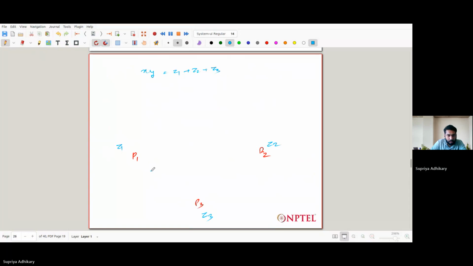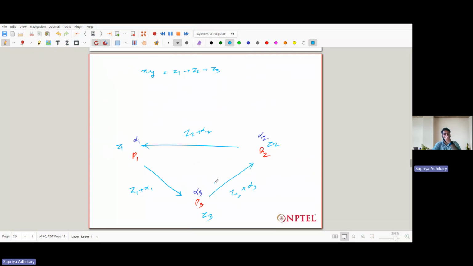So P1 can send z1 plus alpha 1 to P3, given that they have this preprocessed data alpha 1, alpha 2, and alpha 3 with them. P3 can send z3 plus alpha 3, and P2 can send z2 plus alpha 2.